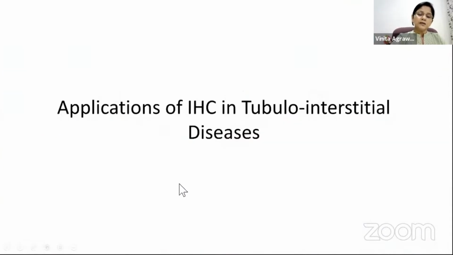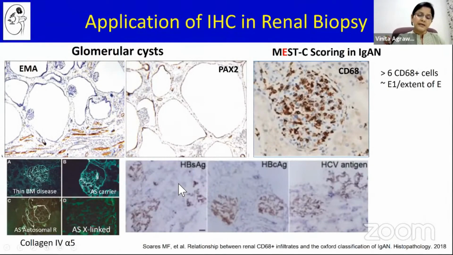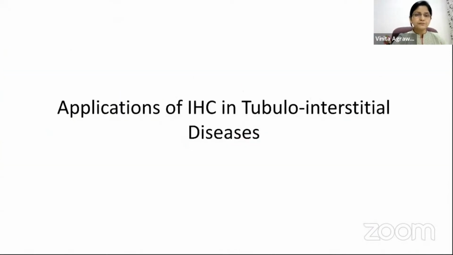And in diseases, hepatitis B associated nephropathies, you may like to do immunostains for the typical antigen, especially on fluorescent sections. Collagen stains for Alport's and thin basement membrane are predominantly done as an immunofluorescence marker, but they can also be done by immunohistochemistry.